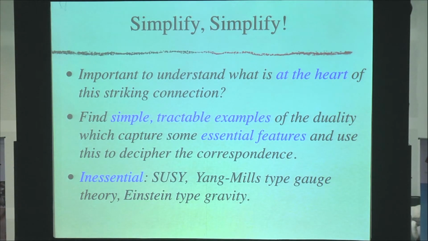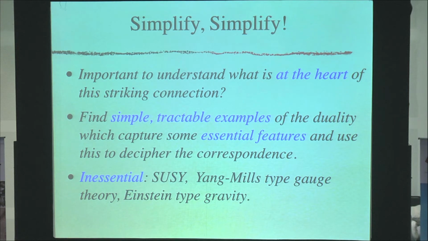And we already learn some important things, because it's also important to learn what's inessential. When you throw out things and see things still work, then you realize that certain features are inessential. And we'll see that many things which are often believed in folklore to be essential are not really essential. Supersymmetry, for instance: people often make the statement that all these dualities use supersymmetry. That's not necessarily true.